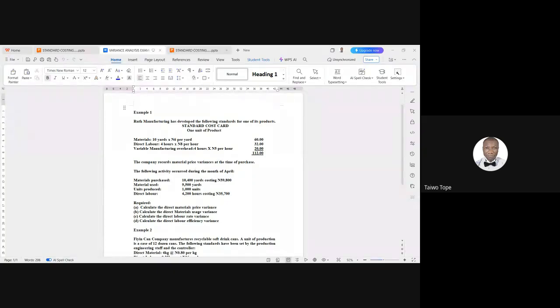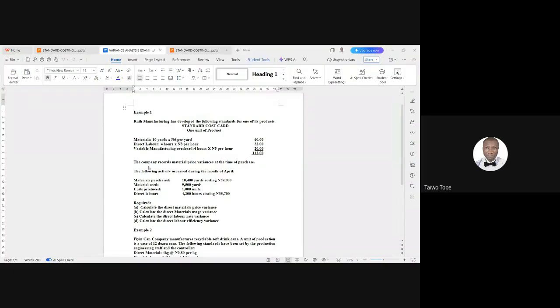Fine. In terms of variable manufacturing overhead, to produce 1 unit of this product, you need how many hours? 4 hours. 1 hour will cost you how much based on variable? 5 naira.